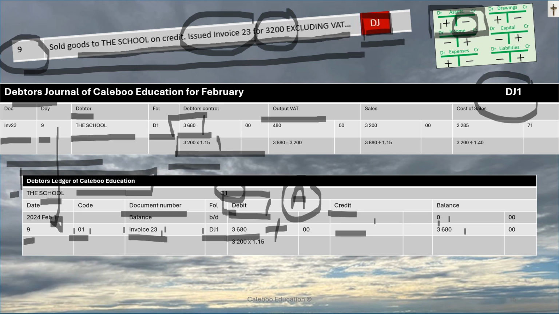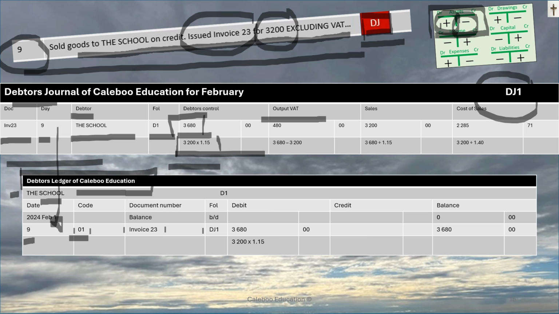Because we made a credit sale, the debtor owes us more. It is a plus, and a plus will go in the debit column and make the balance bigger, 3680.